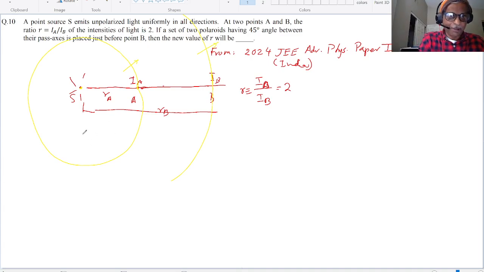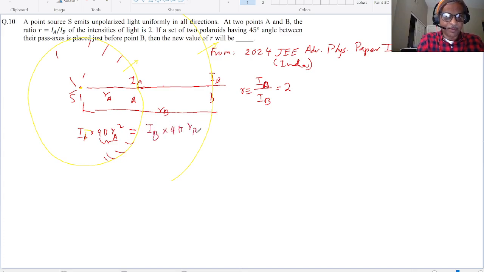So you can say IA times 4 pi RA square, which is the amount of energy, this being the area of this surface, must equal IB times 4 pi RB square. So the ratio IA over IB is actually RB square over RA square.